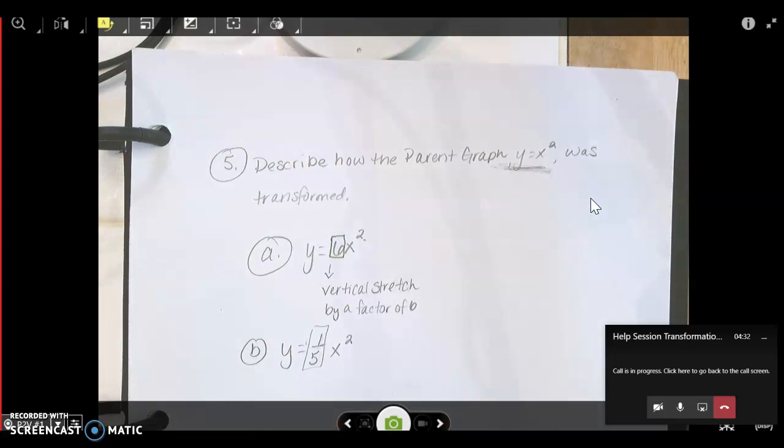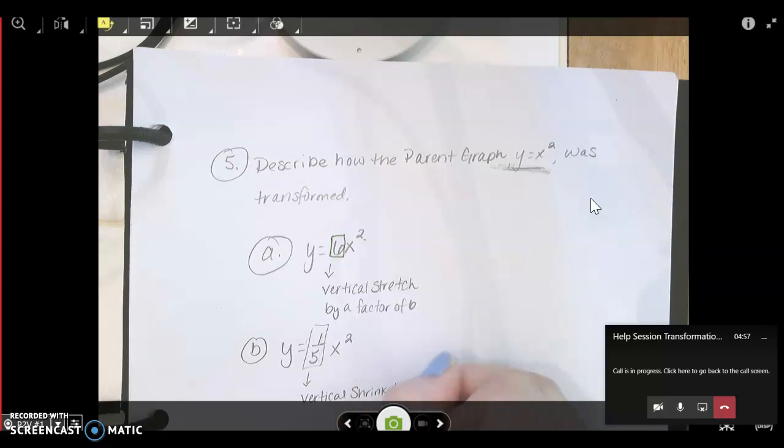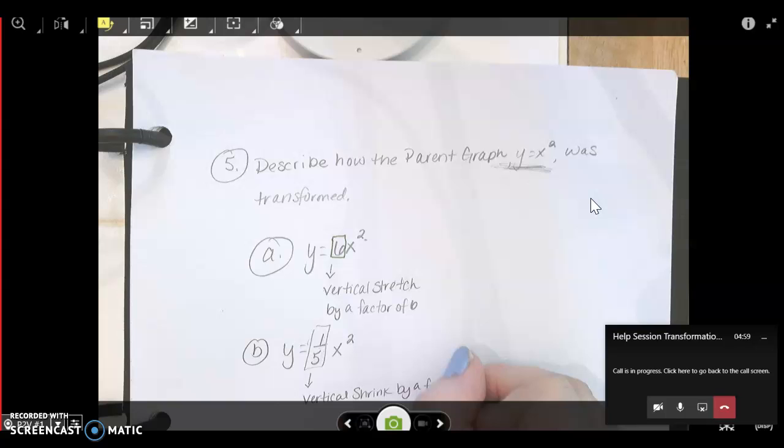You added a fraction in front. You're multiplying by that fraction. So if the number here in front is bigger than 1, it's a vertical stretch. If it's less than 1, it's a vertical shrink. So this is going to be a vertical shrink by a factor of 1/5.